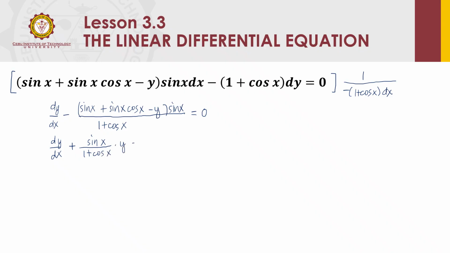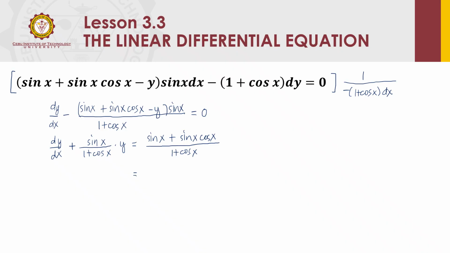And then the right side is positive sine x plus sine of x cosine x, all over 1 plus cosine x, which is actually reducible.